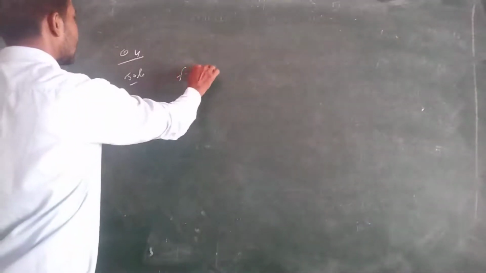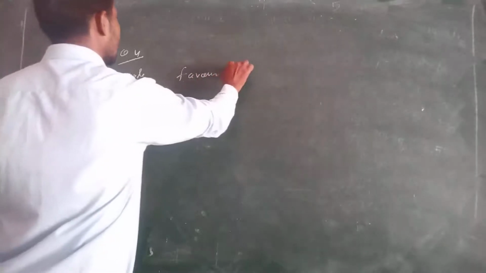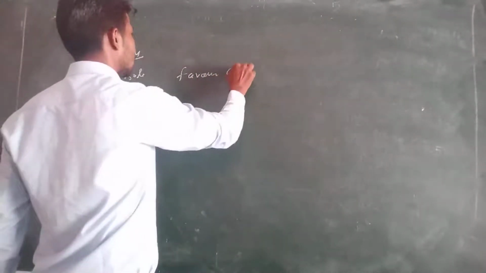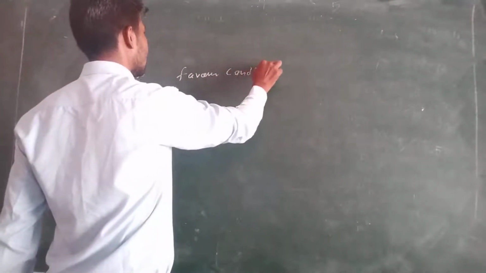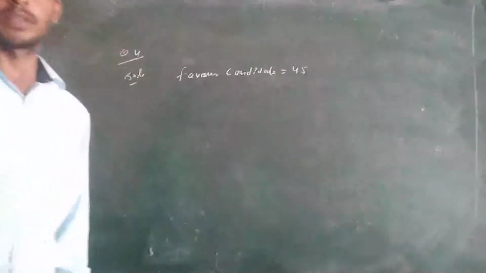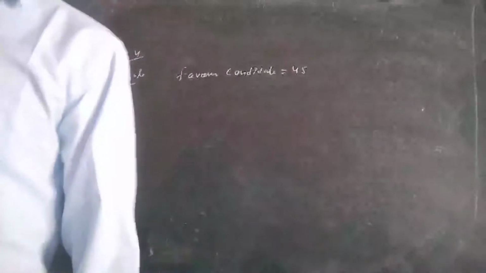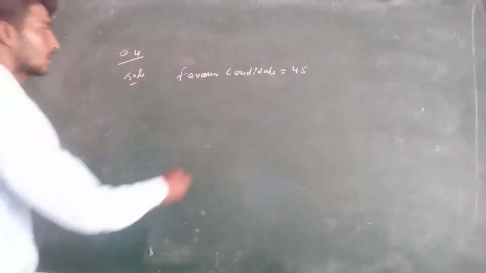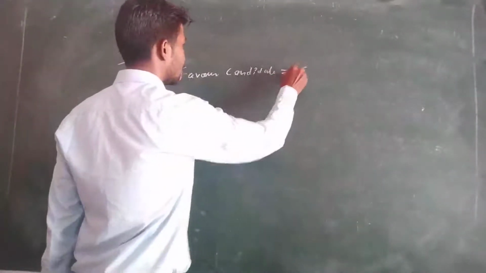Okay, so first we will write the favor candidate. Favor candidate, that is 25, sorry.